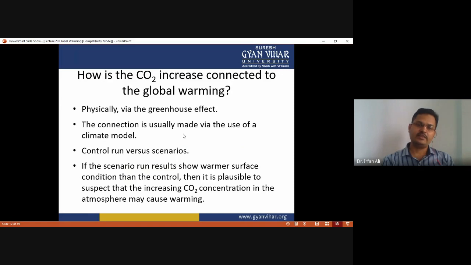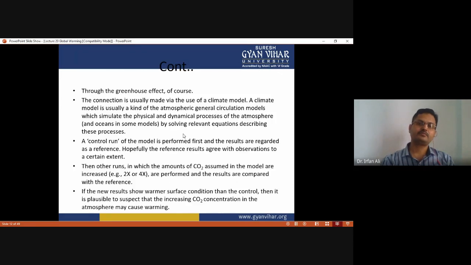It clearly indicates that carbon dioxide continues to increase the temperature of the globe. If the scenario run results show warmer surface conditions than the control, then it is plausible to suspect that the increasing concentration of carbon dioxide in the atmosphere may cause global warming.